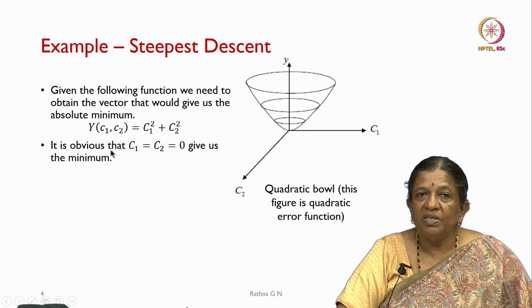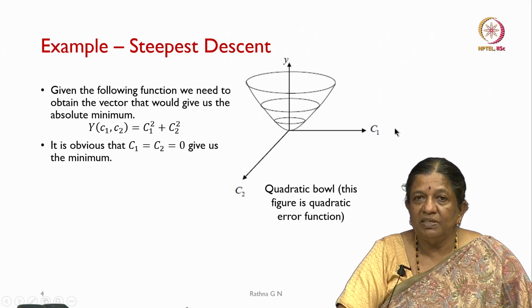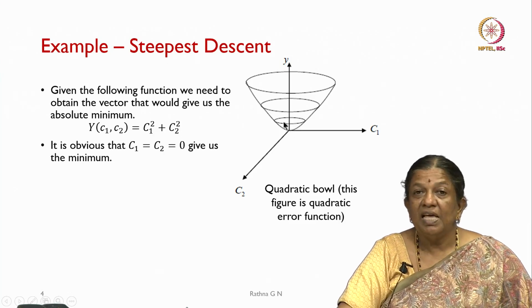It is obvious that C1 equal to C2 equal to 0 gives us the minimum. This is the quadratic bowl, with C1 in this direction and C2 in this. We know that this is what we are expecting. We will see how we traverse the bowl and come down.